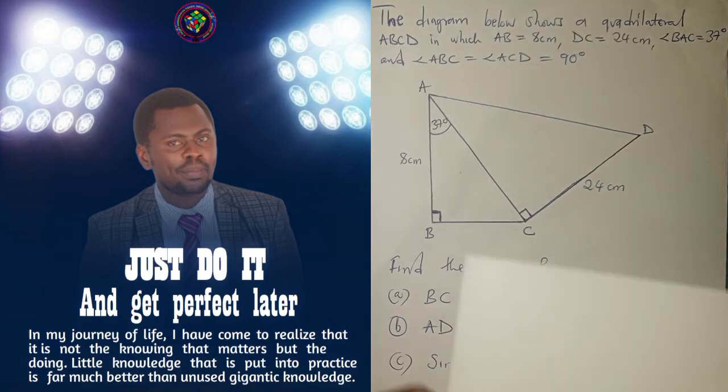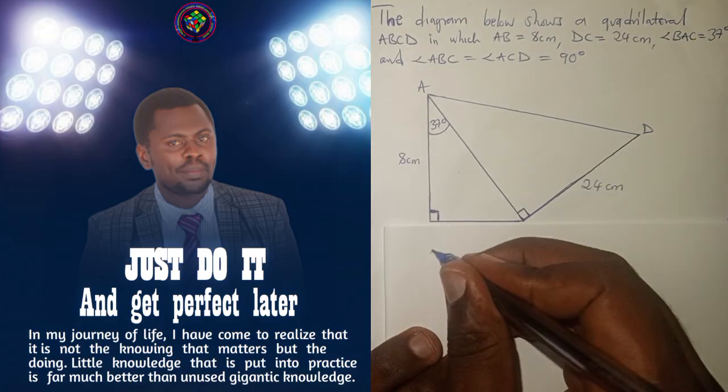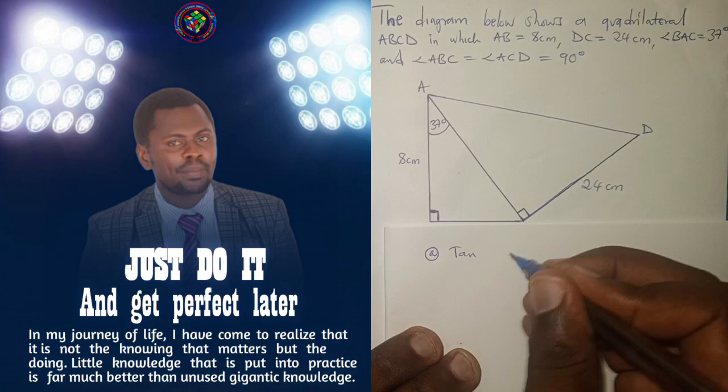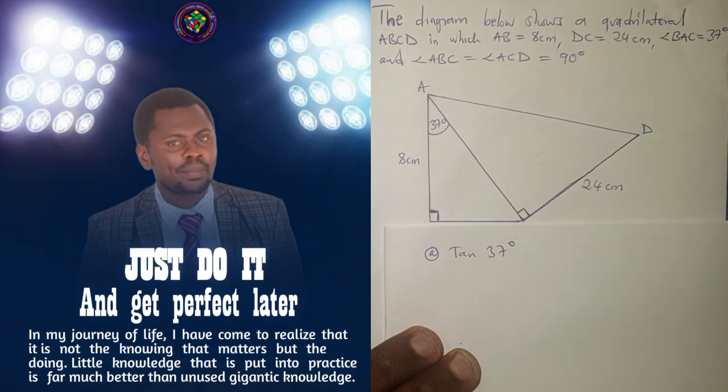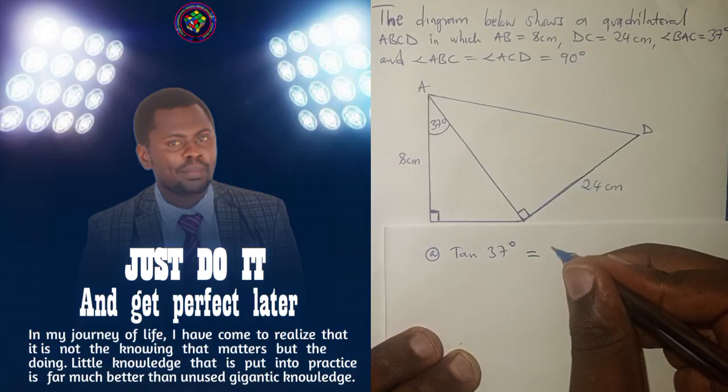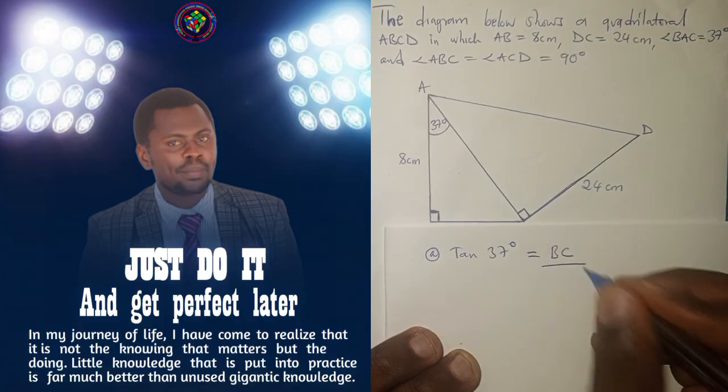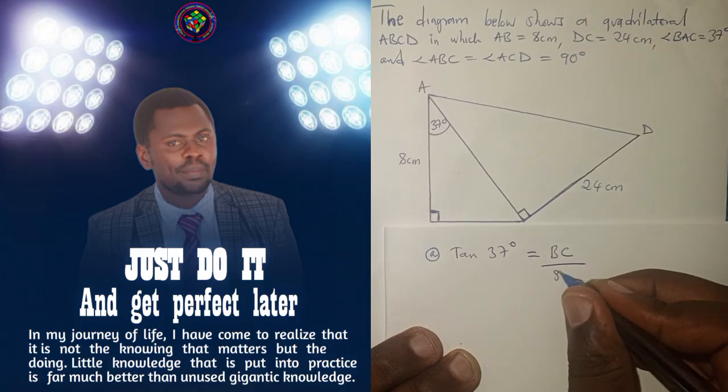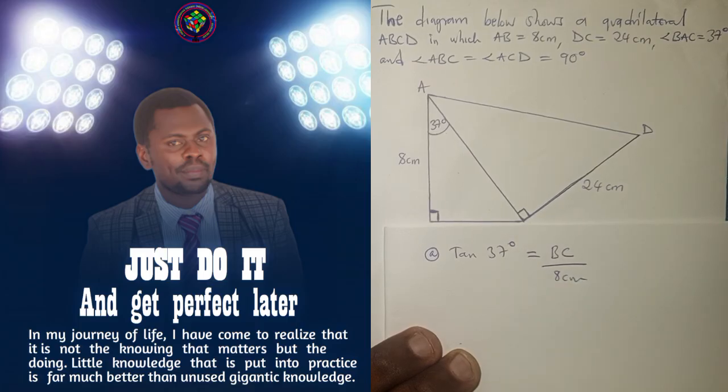So we say tan of 37 degrees is equal to, so tan is equal to opposite over adjacent. Opposite is BC over adjacent is 8 centimeters. For us to remain with BC, we are going to cross multiply.